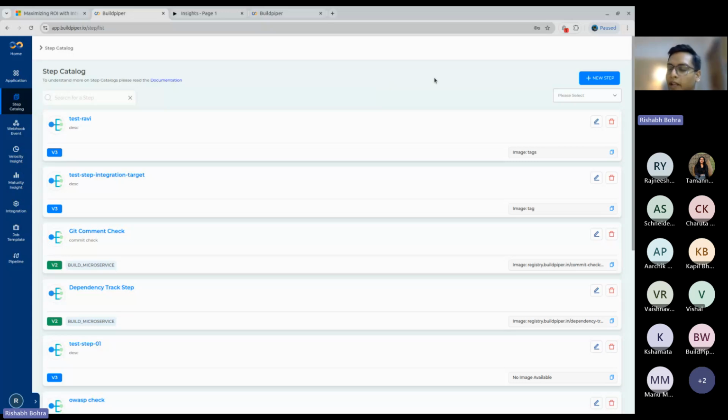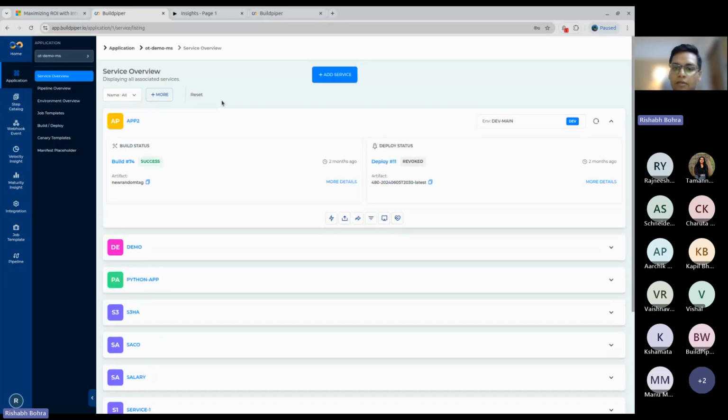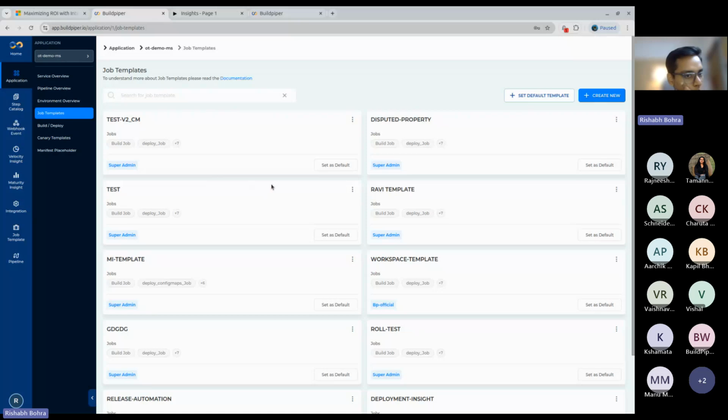These plugins can be a simple Terraform module or a simple Ansible playbook, or even your custom script which you might have already written, and it could be reused and onboarded on the platform as a plugin. And once it gets onboarded as a plugin, there's a concept of blueprints, which I've been talking about since the beginning of the webinar, where for every application or every team working on multiple services, we can create these blueprints, which we also internally call job templates.